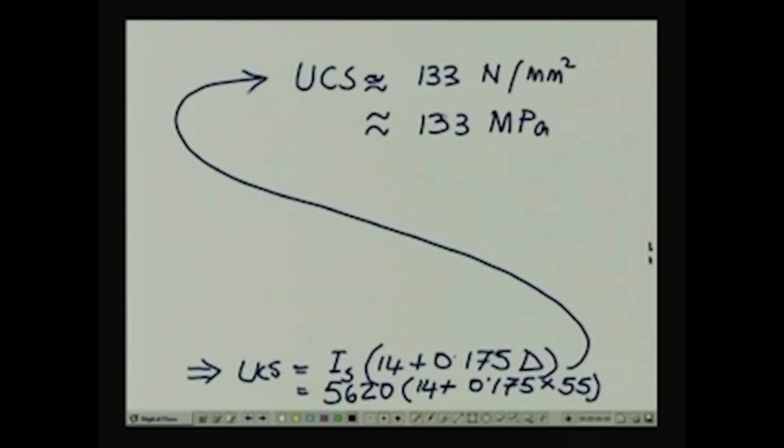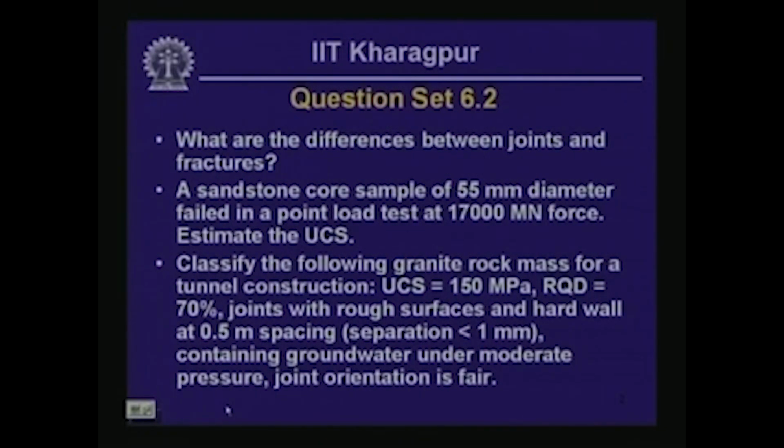Okay, so that is your answer. So the estimated unconfined compressive strength of the intact specimen of this type of rock will be 133 megapascal. Okay. So that settles the second problem.